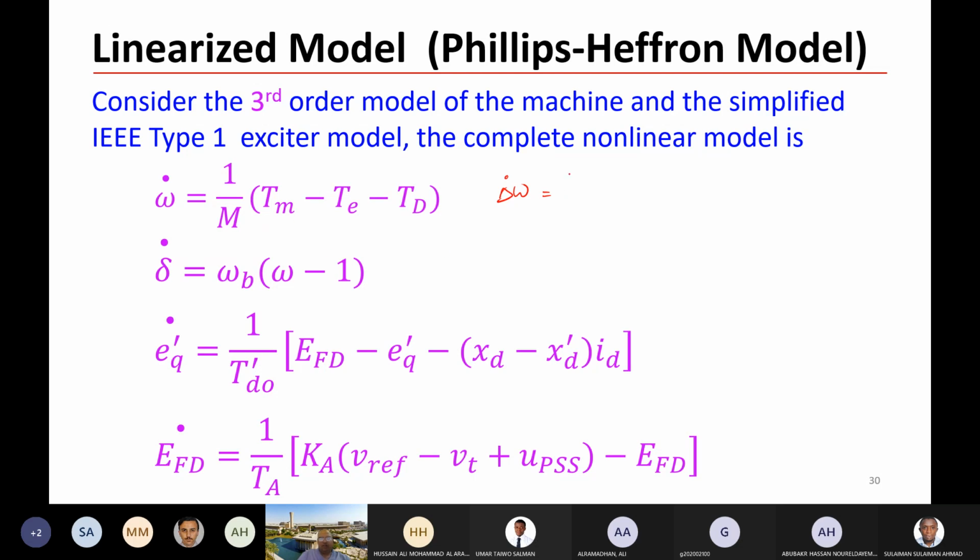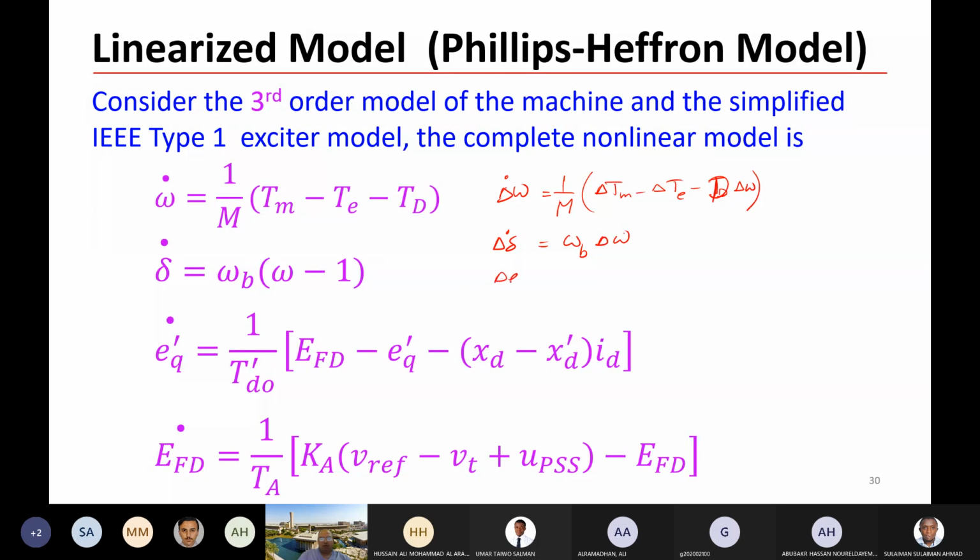In mechanical power, we used to have it 0, but assume that we have a change in mechanical power. So delta omega dot equals 1 over M times delta Tm minus delta Te minus D times delta omega, where omega minus 1. Delta dot equals omega b delta omega.